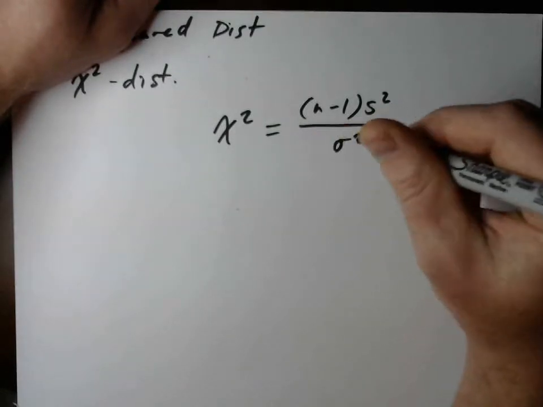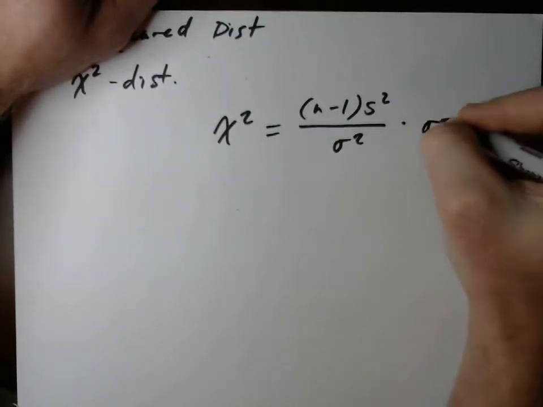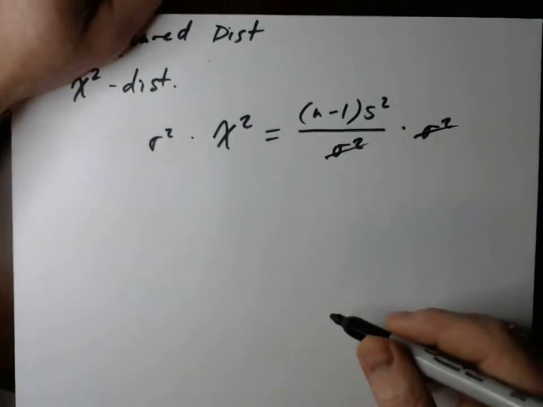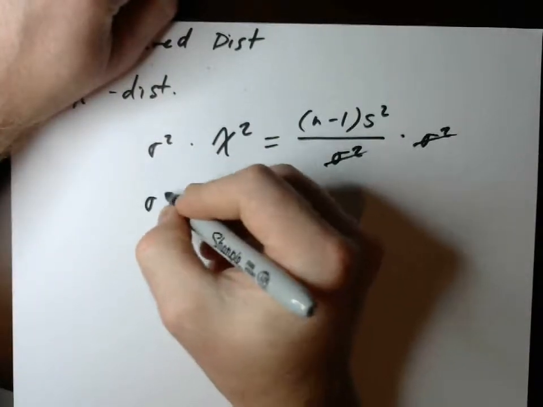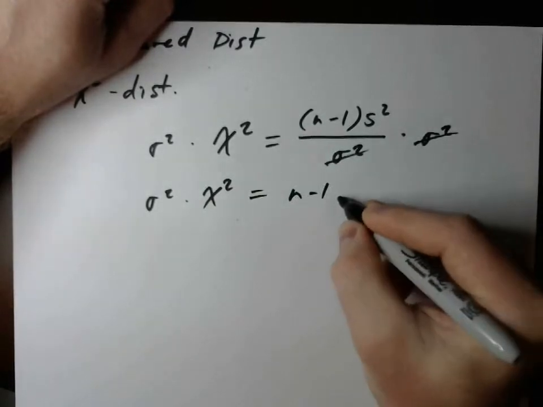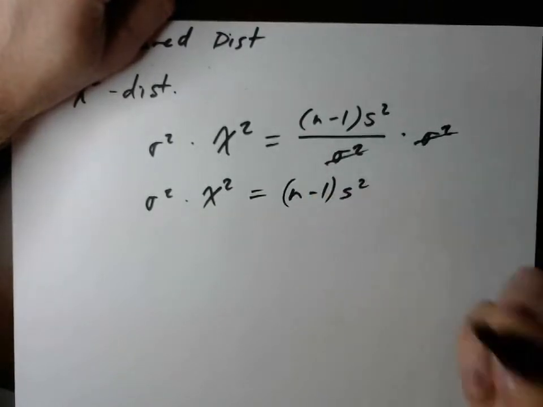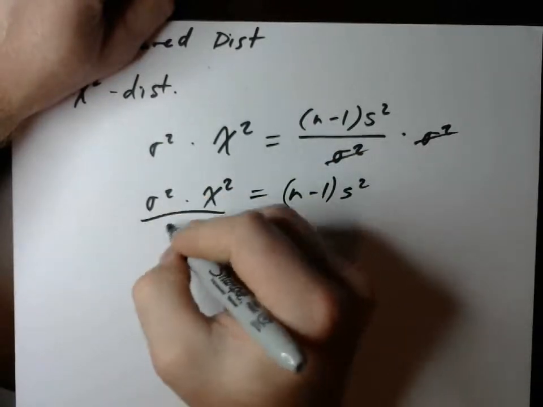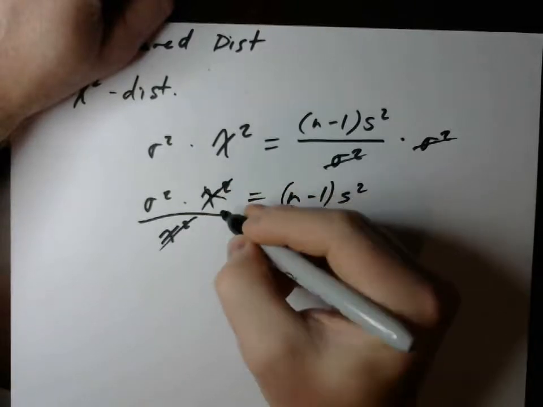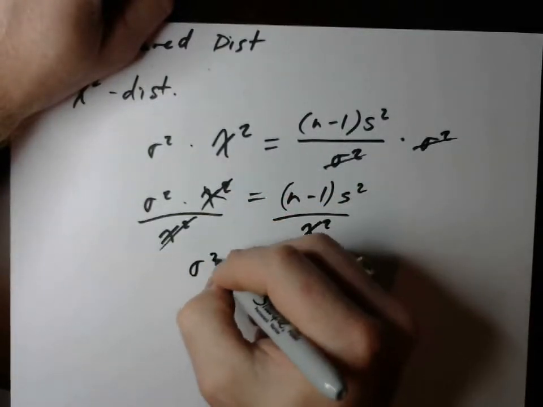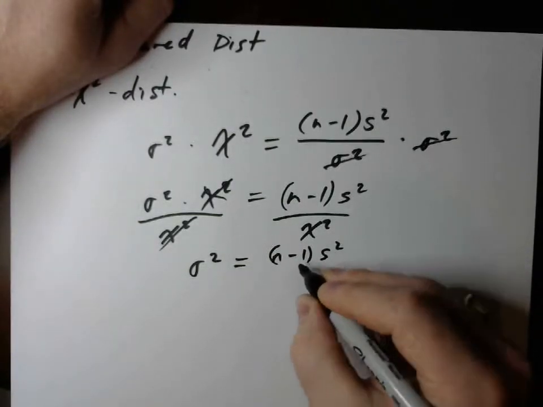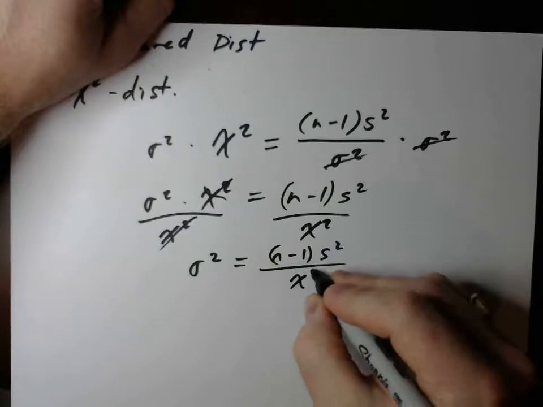And so let's go ahead and solve for sigma squared with this equation. There's our first step. Then we have sigma squared times chi-squared equals n minus 1 times s squared. And lastly, we would divide by chi-squared, and we would obtain sigma squared equals n minus 1 times s squared over chi-squared.